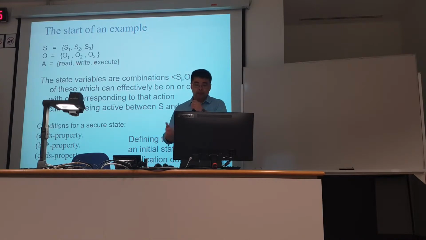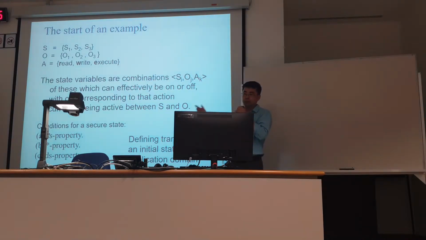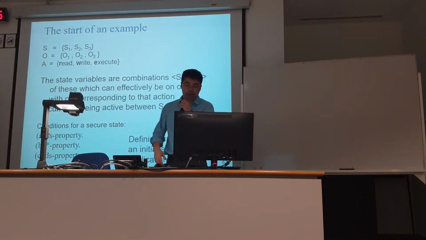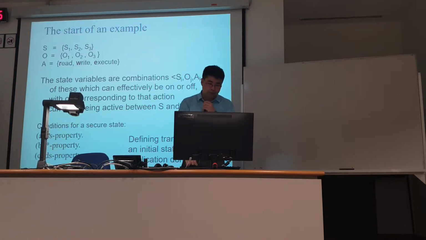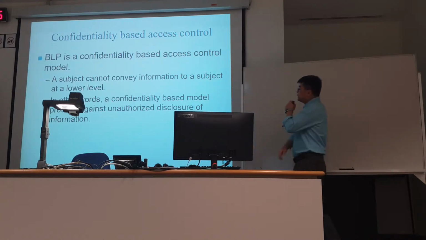If the system is in a secure state, that means all these rules are satisfied. Then you define the transition function and you prove that for any possible transition, if the system is in a secure state, the next state is still secure. So in that case, you prove the system will always remain secure. So this is how we can do the proof for security.